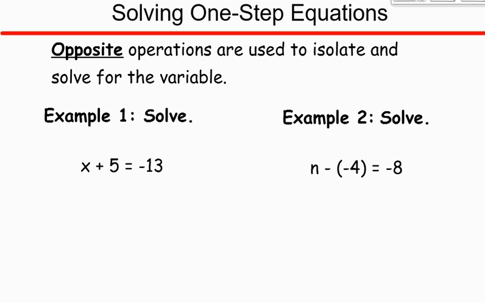Okay, so here's something that you need to know. When you're solving, you're going to do PEMDAS in reverse order. So instead of doing PEMDAS, the P is going to go at the end: E, M, D, A, S. Okay, so we're going to do it backwards when we're solving.